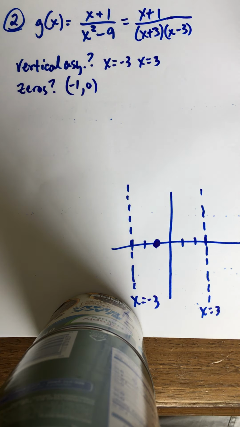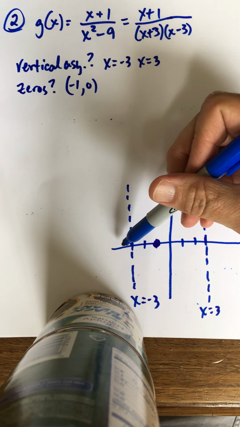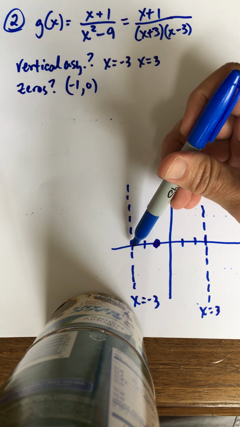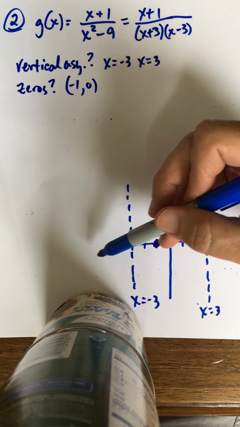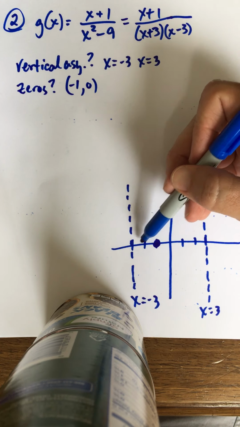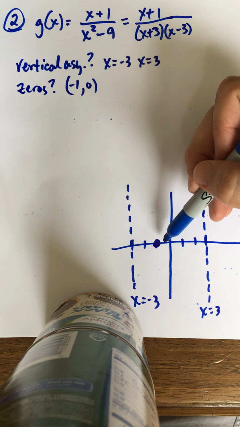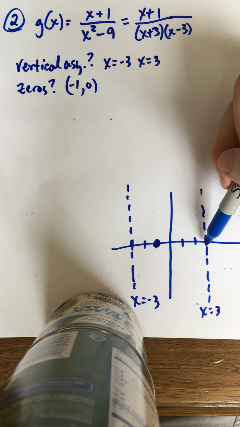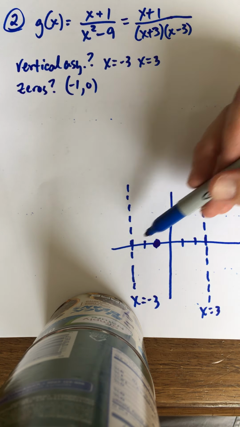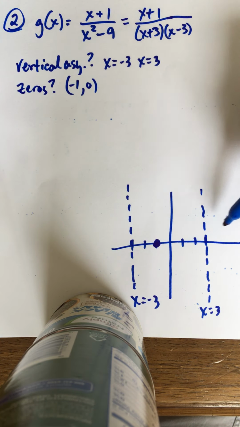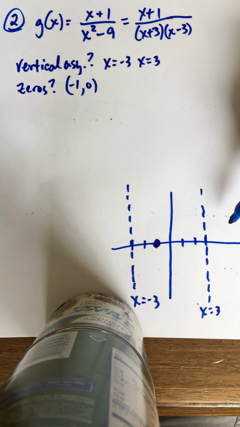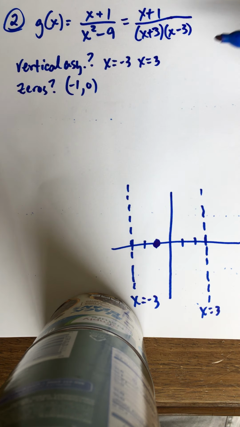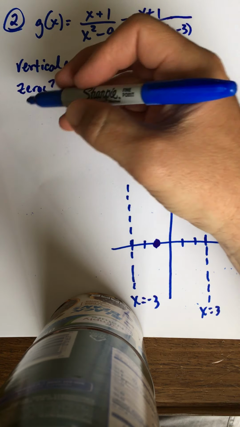And before you go any farther, you can already look at your sign chart and see it's divided into sections. You've got everything less than negative 3, between negative 3 and negative 1, between negative 1 and 3, and above 3. So there's 1, 2, 3, 4 sections that we've divided up. Everything else is just going to help us draw the picture, but it doesn't have anything to do with our sign chart.